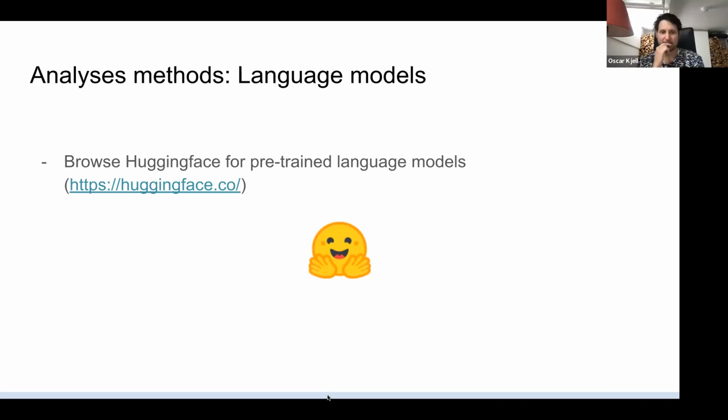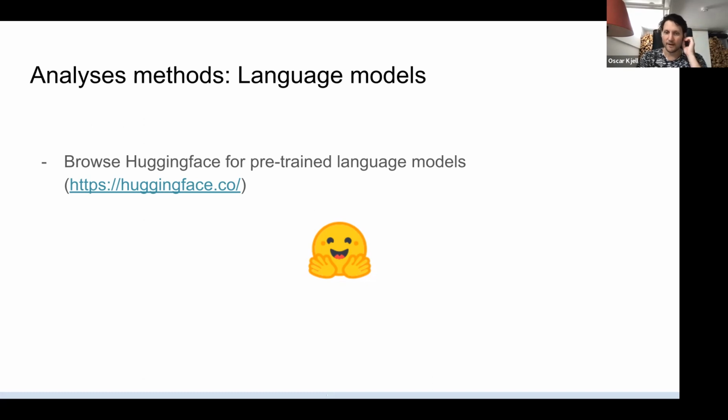There's been an explosion of creation of language models in computer science, and Hugging Face is the place to go where you can browse all the different language models and use them as well.